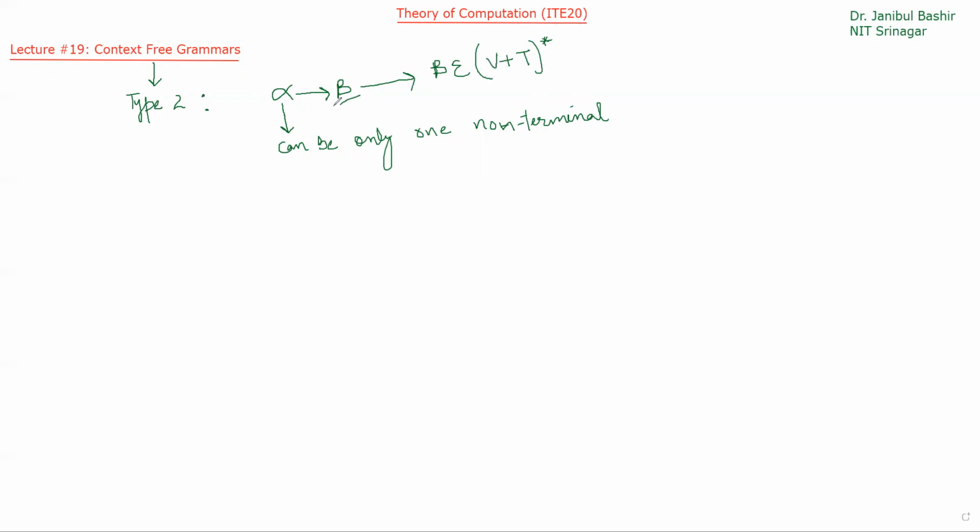Now we can formally define a context-free grammar. We say G is a context-free grammar which has four parts: V, T, S, and P, where V is the set of non-terminals.